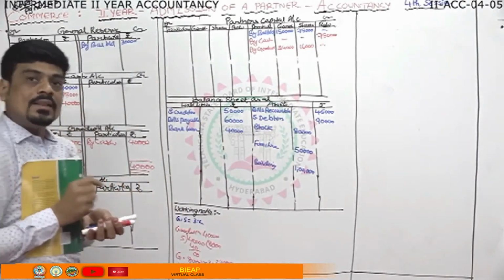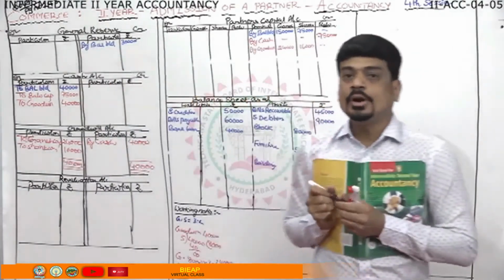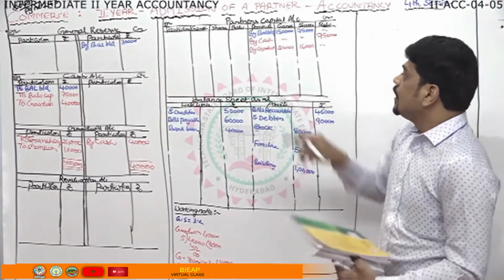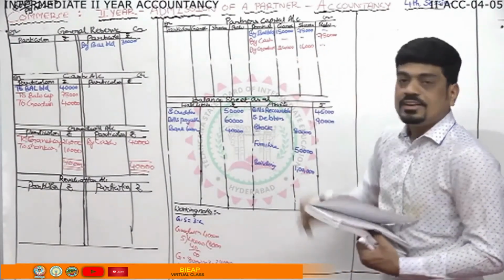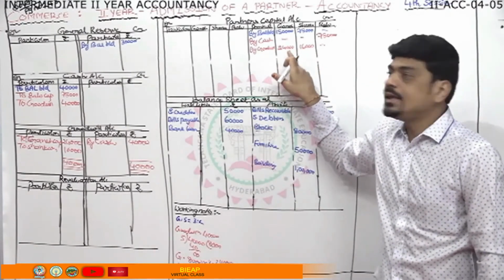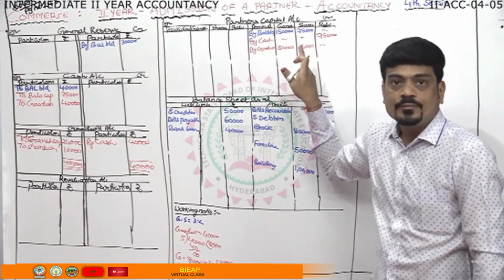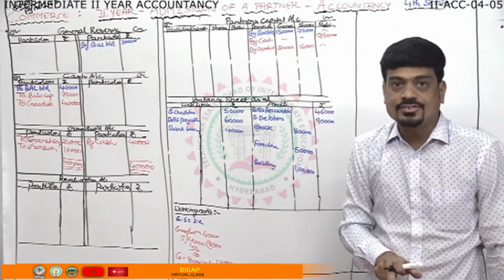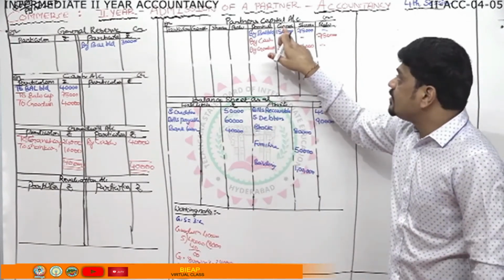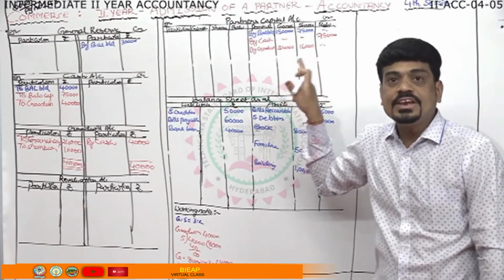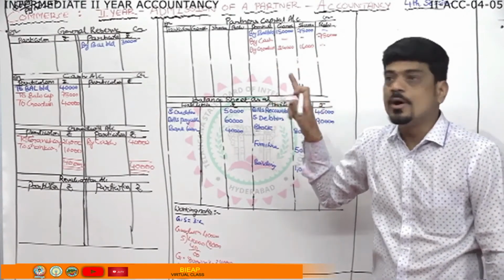Now if we look at the next adjustment, a very important adjustment, that is the theme of the problem. They say that this 24,000 and 16,000, which is goodwill, is withdrawn by Ganesh and Shankar. How is the goodwill withdrawn? It will be withdrawn in the form of cash. So debit the receiver. Ganesh and Shankar are the receivers, so they will receive their share of goodwill in the form of cash.